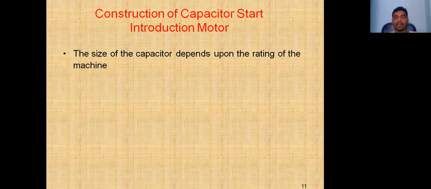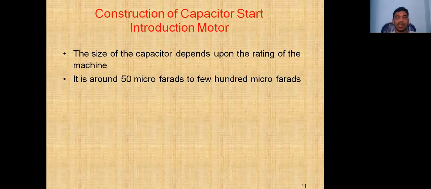Depending upon the rating, we choose the size of the capacitor. The value of the capacitance is around 50 microfarads to a few hundred microfarads.